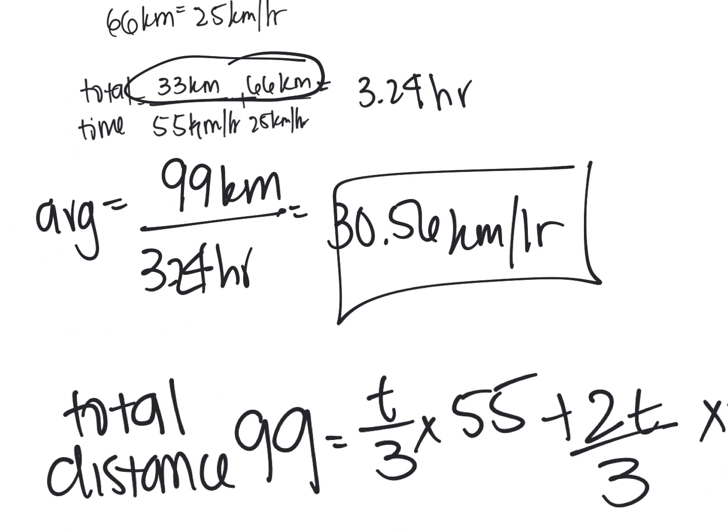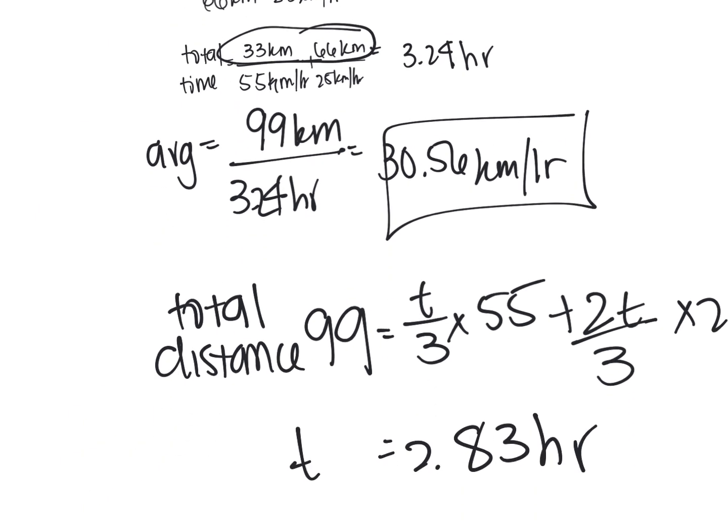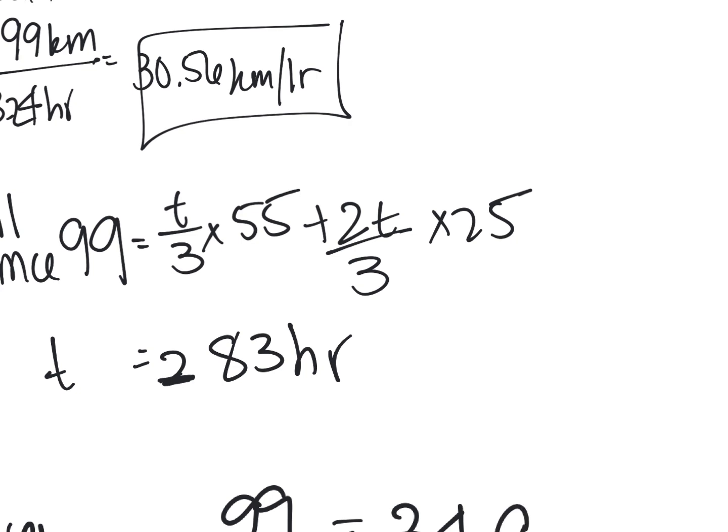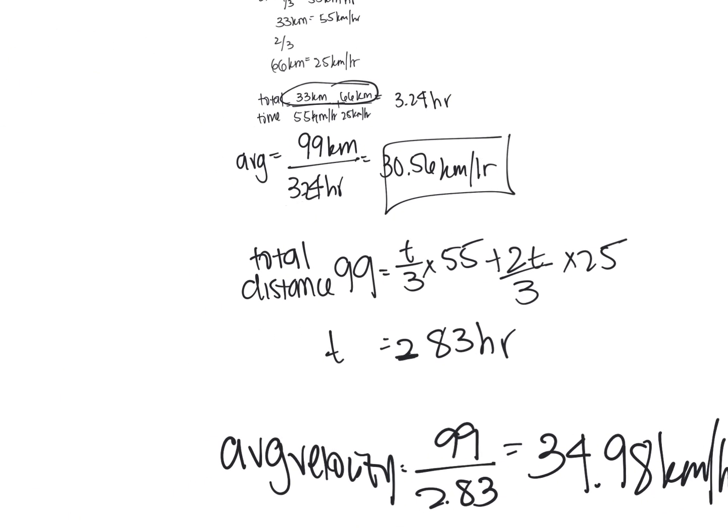And if you solve for t, you get 2.83 hours. And with this, we can find the average velocity. 99 over 2.83 equals 34.98 kilometers an hour. And that is how you solve that question.